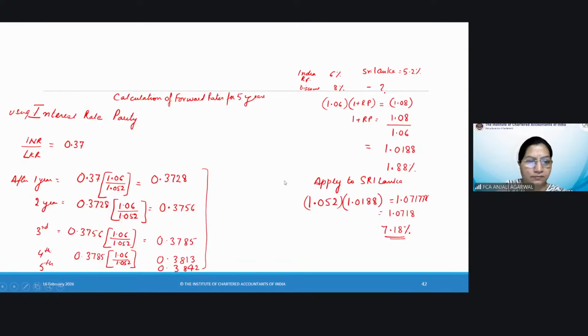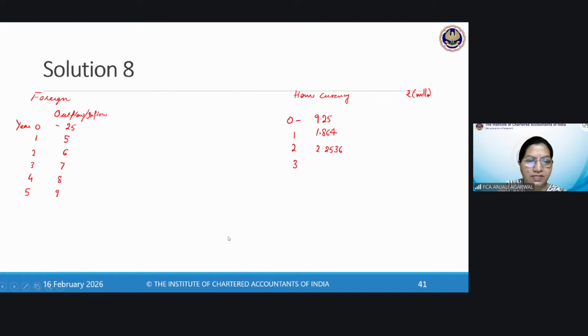Third, 7 into 0.3785. This will give you 2.6495.